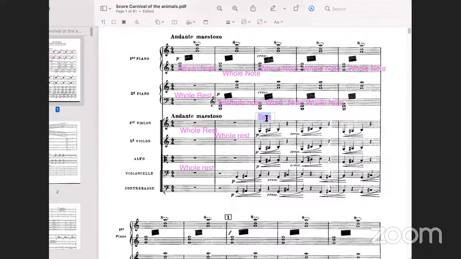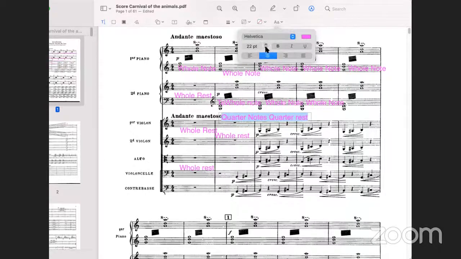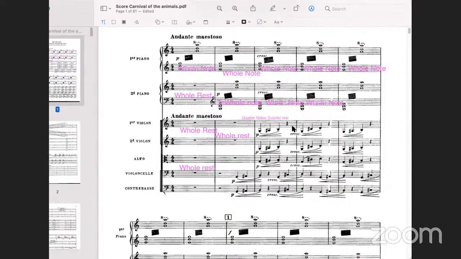Simplify here, we write 3 chord notes and chord rest with this session. Just write these chord notes and 1 chord rest.